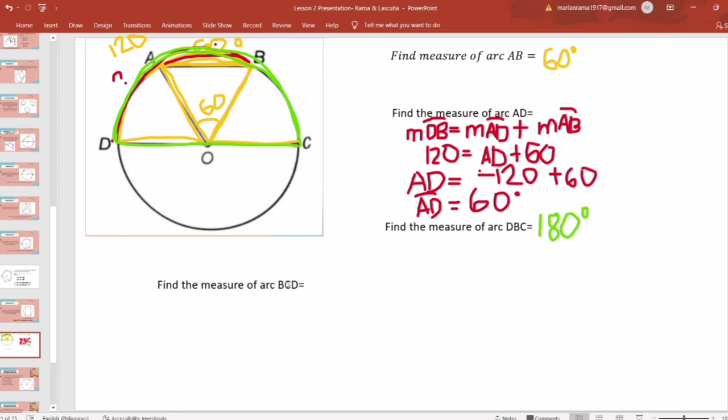Next, find the measure of arc BCD. The measure of arc BCD is our unknown, plus the measure of arc DAB, which is 120.